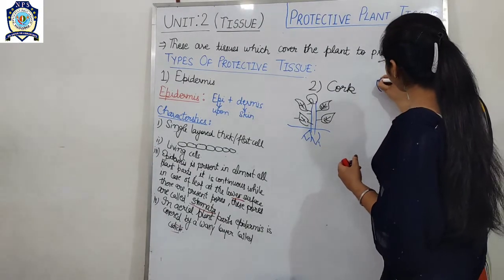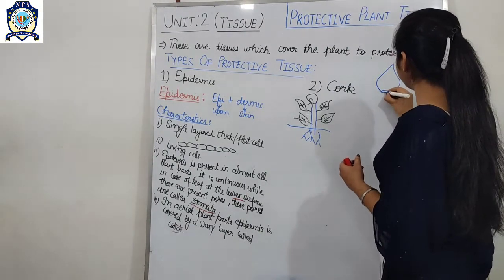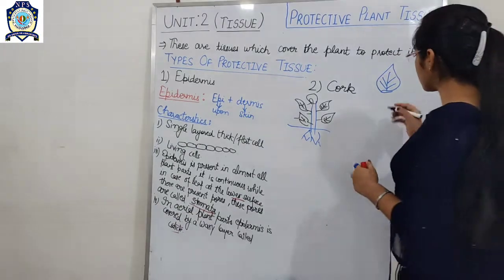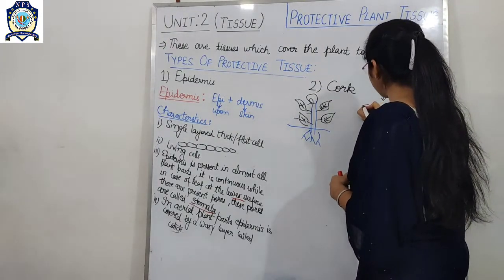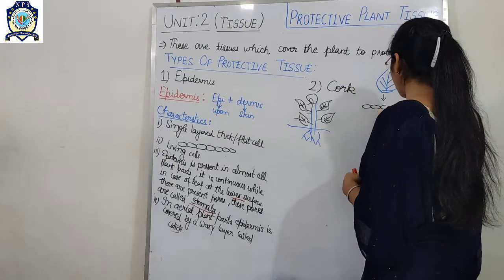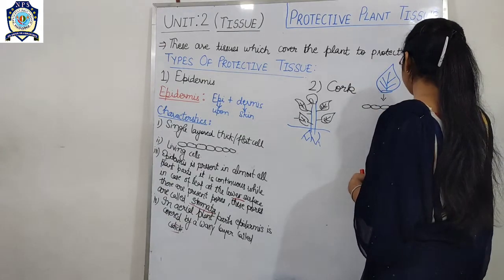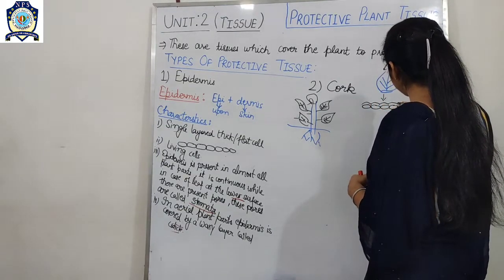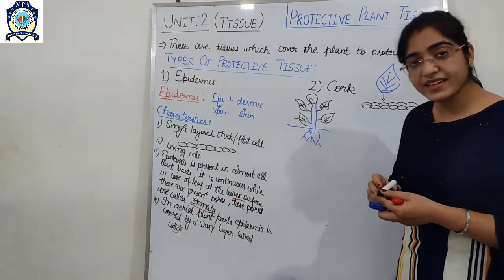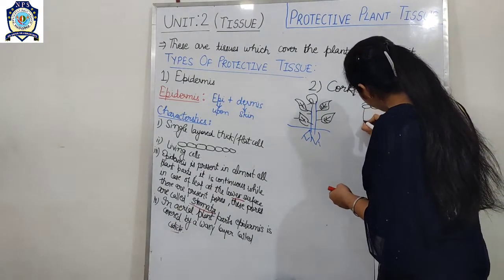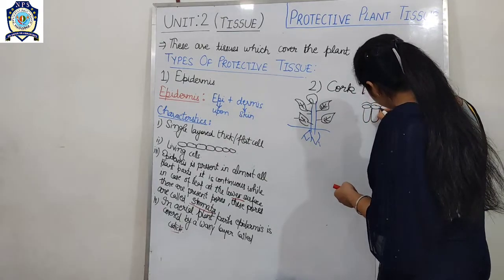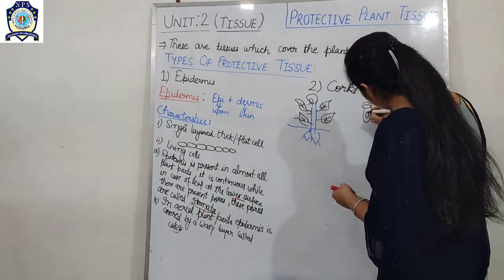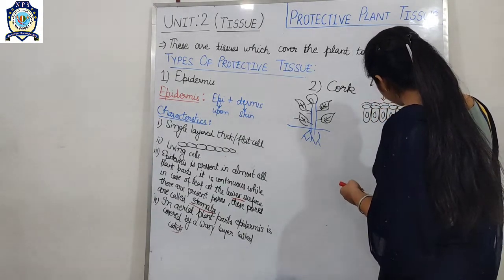Say this is the leaf, and whenever you observe the cross section of the leaf, this is the outermost protective layer, and this layer is covered by the waxy layer, and here are present some cells which help in photosynthesis.